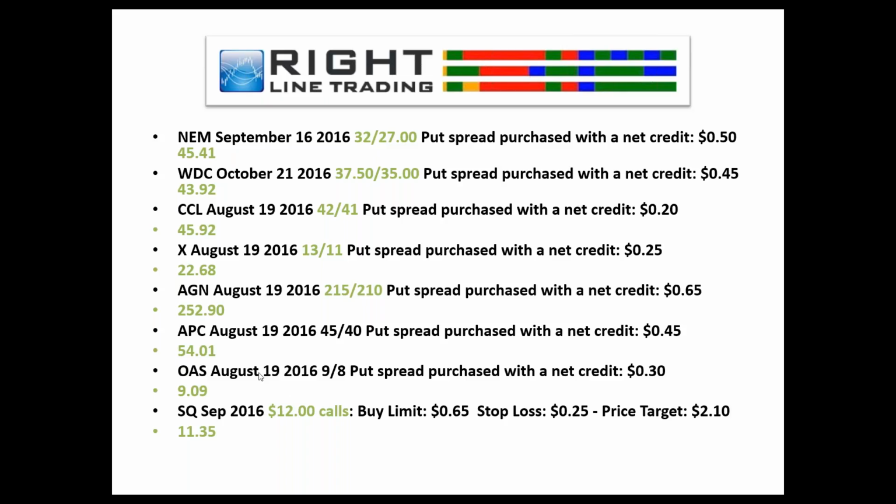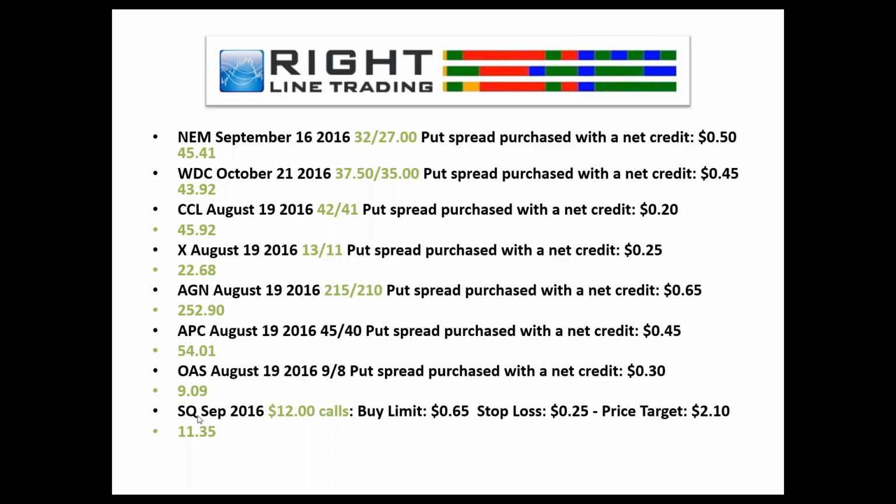We would buy the August 19 expiration puts and back the position up, and we can get them for just pennies. And if Oasis falls, say it falls to 8, we're going to make money on the protective puts, even if we lose money on our vertical spread.